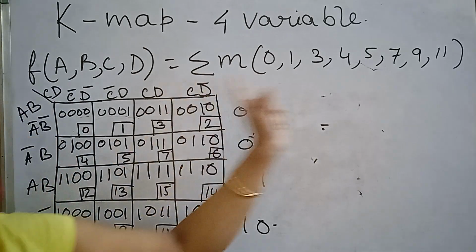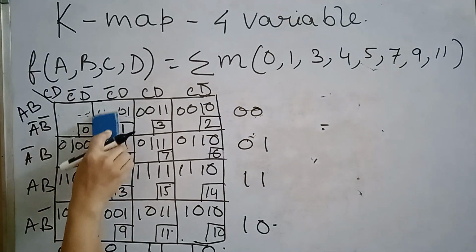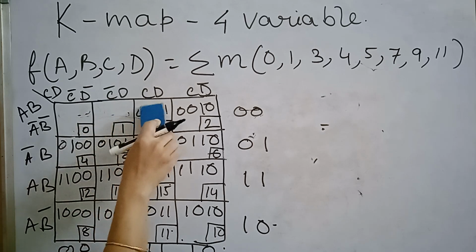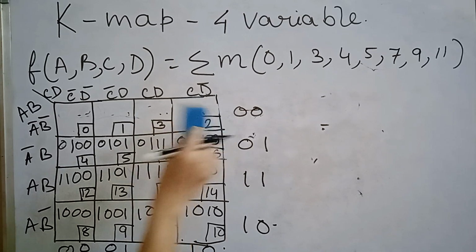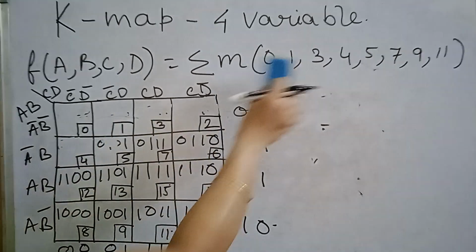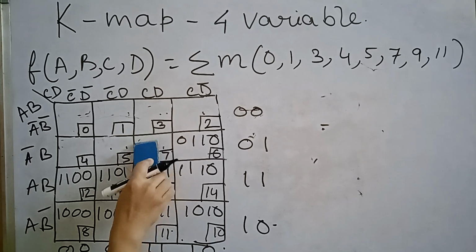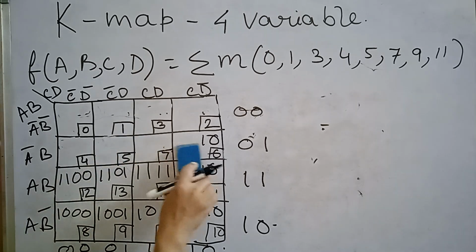Now we will put these values in these boxes. As we put these values, what will we do? We will put 1 in the boxes mentioned over there, and in the rest of the boxes we will just put 0.